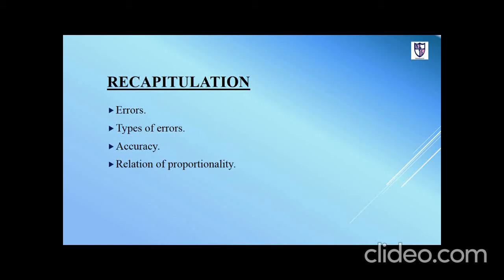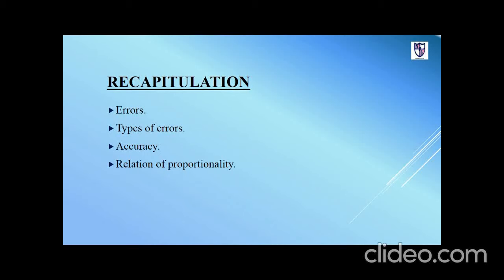If two persons use the same instruments for performing the same measurements, they will not necessarily come up with the same result. There are three types of errors: personal, systematic, and random error.